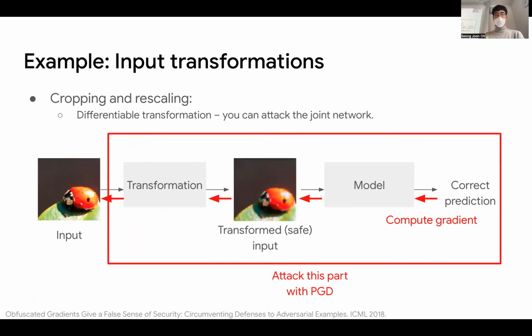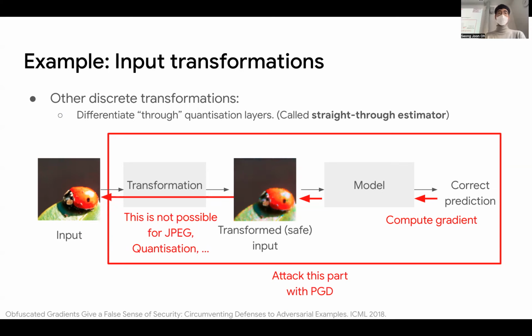But when you're attacking this kind of model as a white box, you actually also do have access to the transformations, right? So instead of just attacking the model, you attack the entire system, including the transformation itself. And then, for example, for cropping and rescaling, this is still a linear and fully differentiable operation. And therefore, you can attack the whole pipeline again and generate successful attacks. Okay, so this defense is not working.